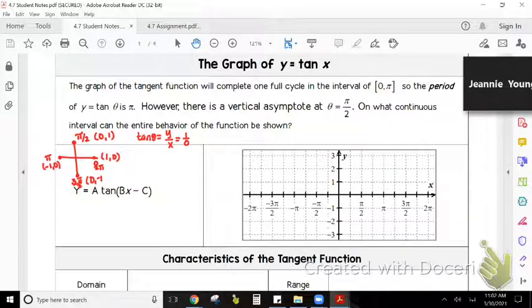And so I picked the points for our parent tangent table, our parent function, to be from negative pi over 2 to positive pi over 2. But we're going to use negative pi over 2, negative pi over 4, 0, positive pi over 4, and positive pi over 2.